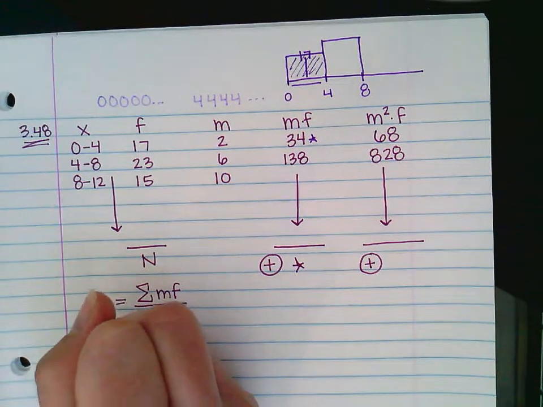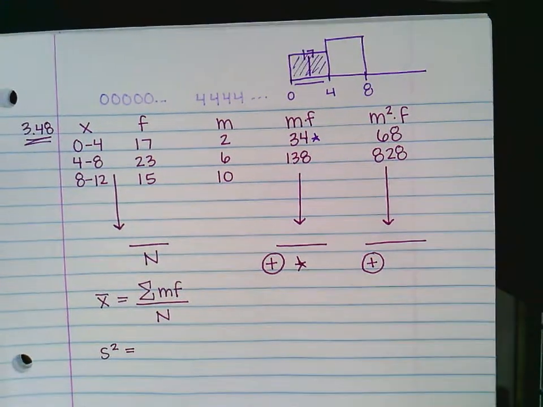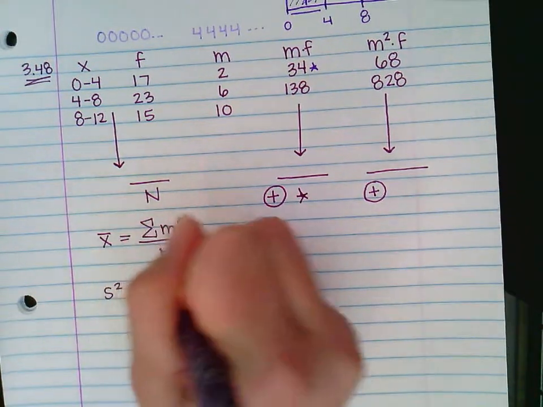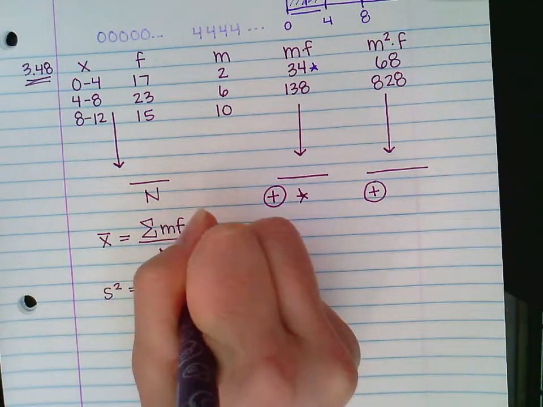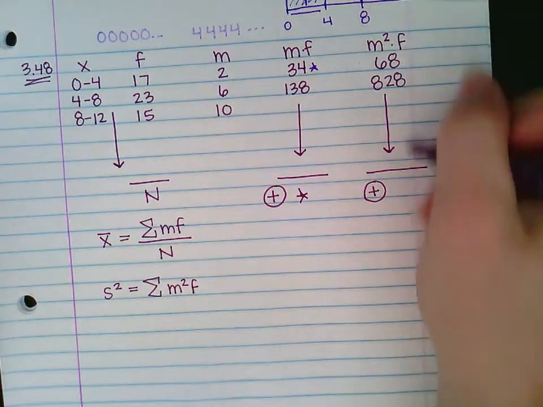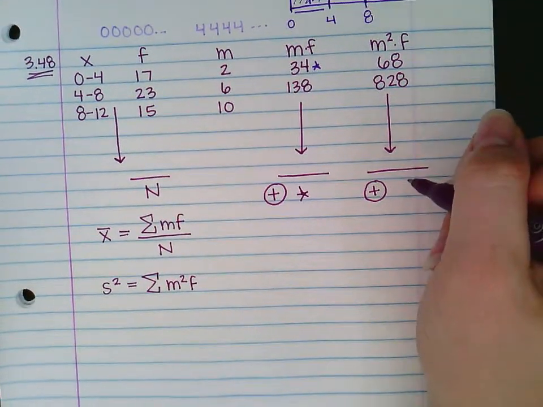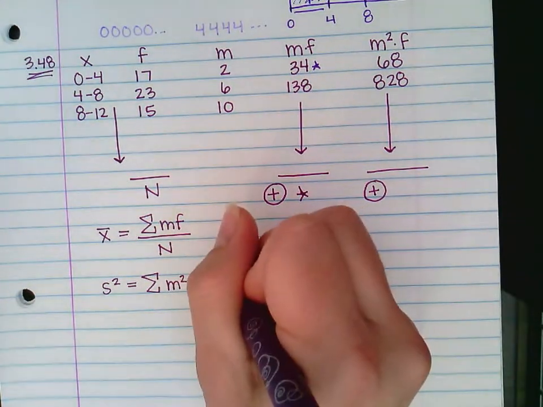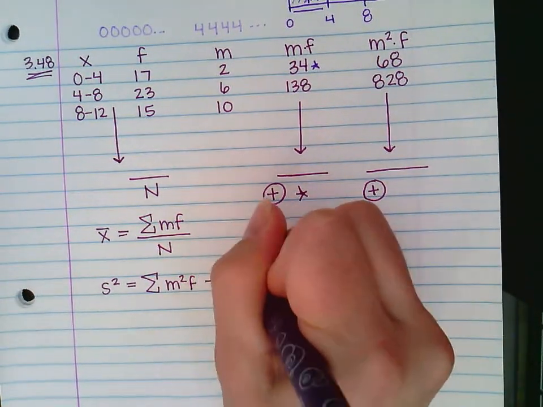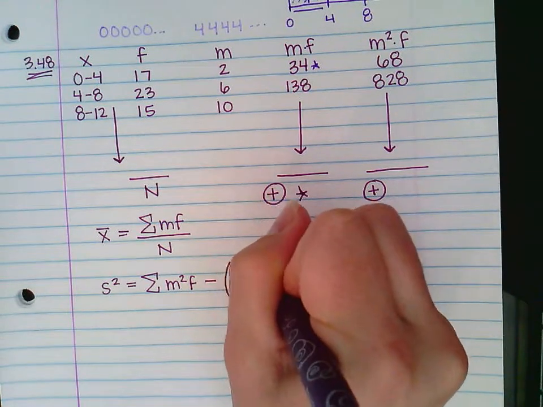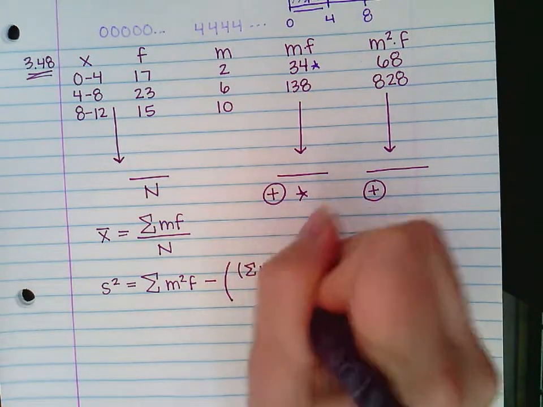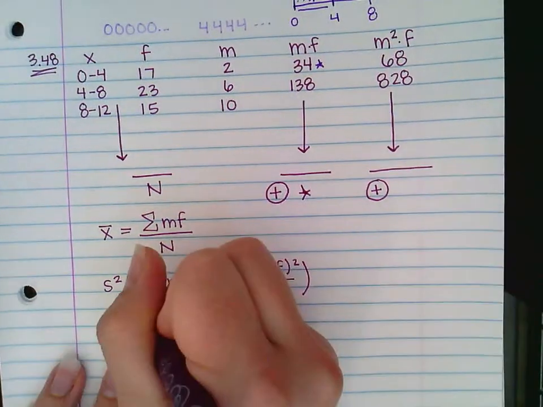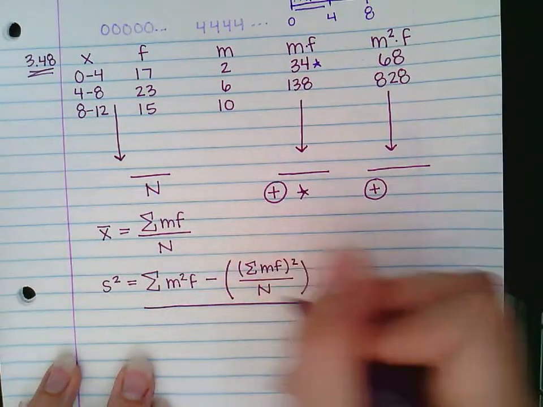All right, for variance, the equation that they give us is they say to use this sum here of the m squareds times f minus this sum here over n, and then you're going to divide this by what's called the degrees of freedom.